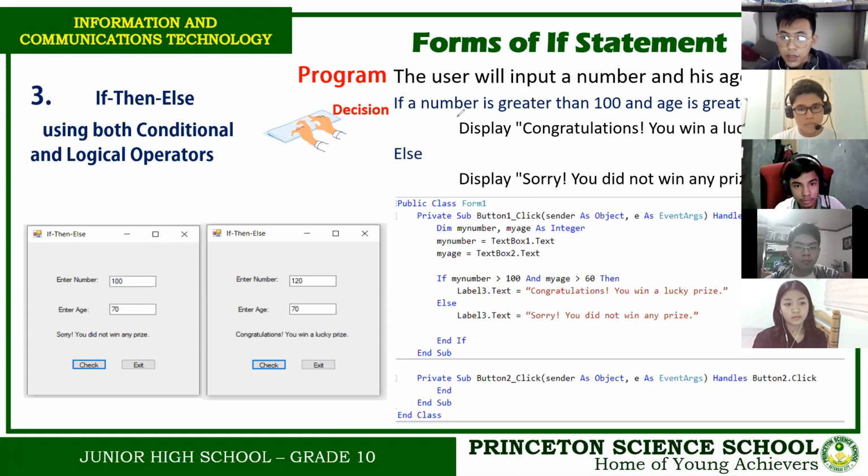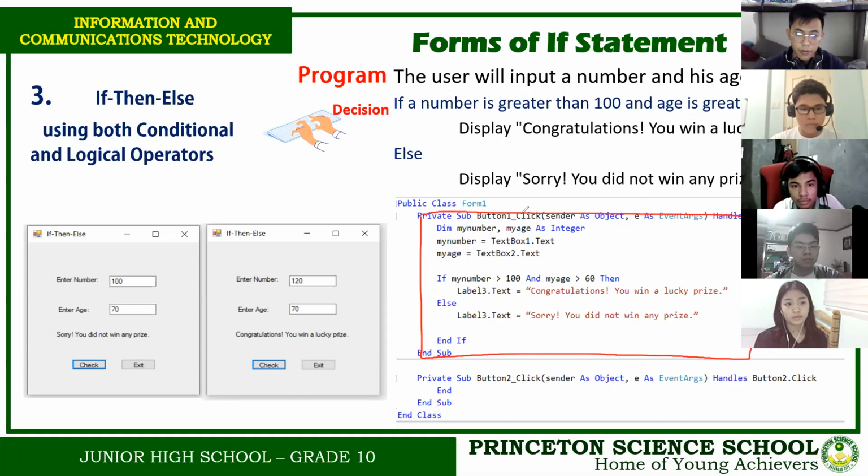If the number is greater than 100 and the age is greater than 60, it will either display "Congratulations, you win a lucky prize," or "Sorry, you did not win any prize." Kindly explain what goes on in this code here.